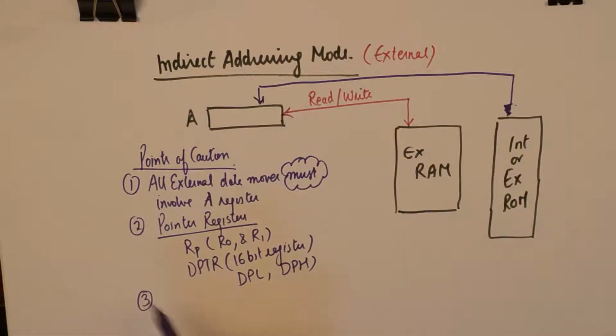And the third point of caution is that the external moves are done by using the instruction MOVX, and obviously the source will be accumulator whenever we are wanting to read it, and whenever we are wanting to write it, the source will be accumulator again.